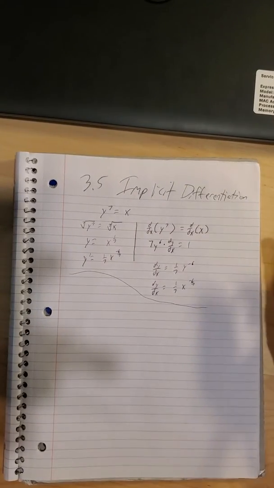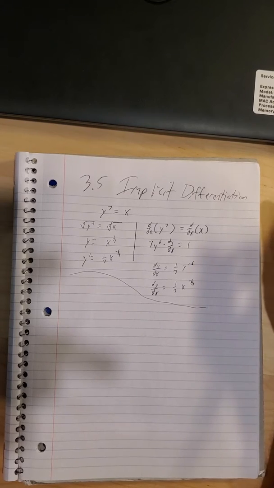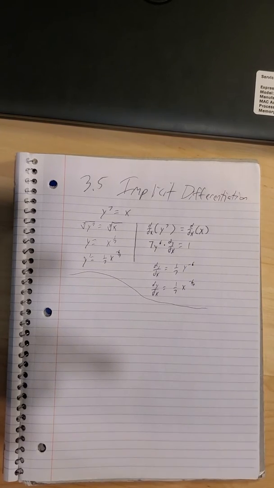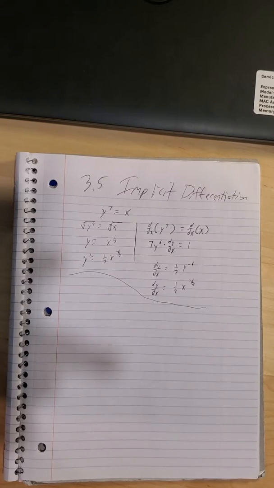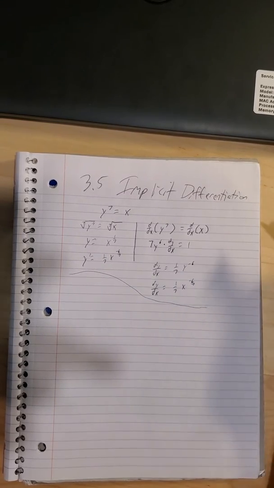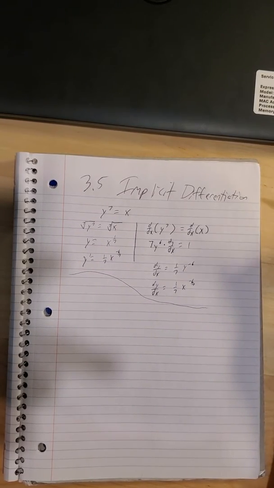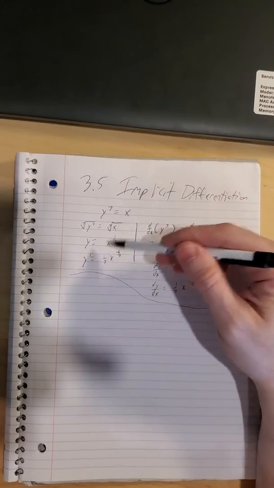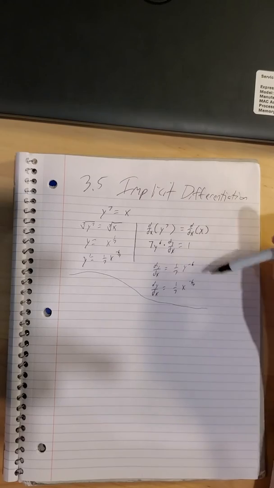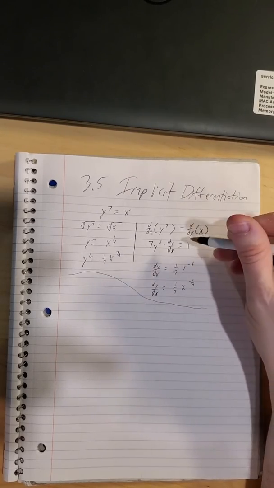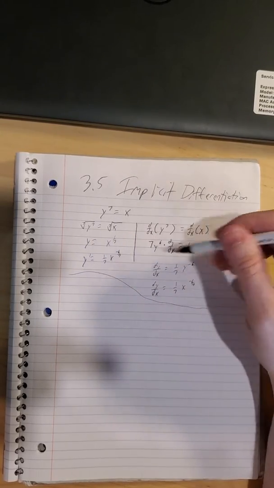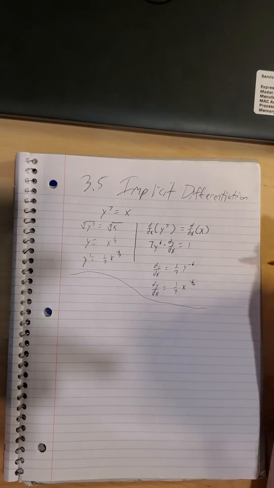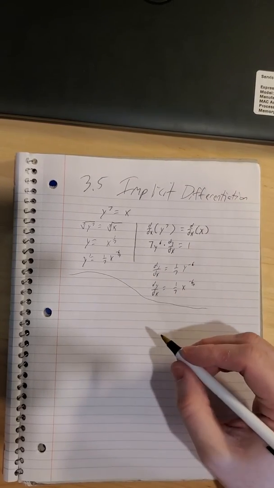So they are equivalent to one another. Now, it's not always practical, and sometimes, in fact, is even impossible to solve for y. So if we can solve for y, it's a little bit quicker, easier to do. If the functions get a little bit more complicated, then we do want this implicit differentiation.